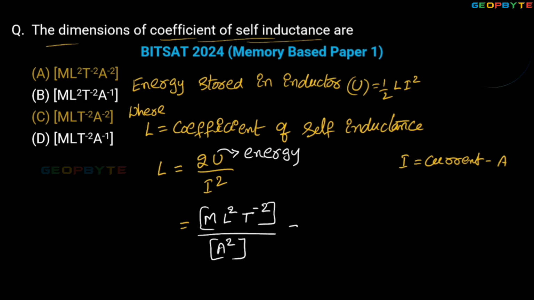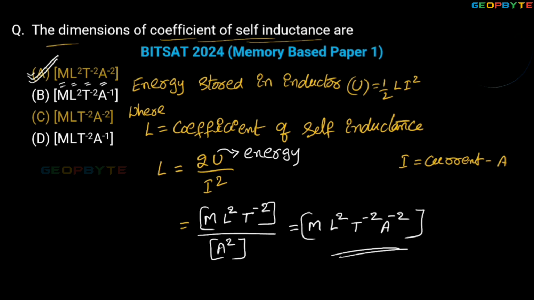Now you simplify it. It is equal to M L power 2 T power minus 2 A power minus 2. That is the dimensional formula for the coefficient of self-inductance. Look at option A, M L power 2 T power minus 2 A power minus 2. Option A is absolutely correct. Understood clearly? Yes.